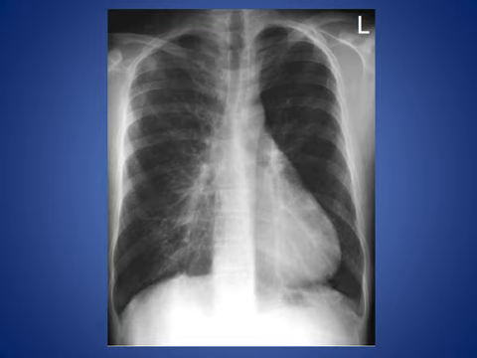As we see here, the right cardiac border is not seen, and also the heart is relatively shifted to the left side, and also the orientation of the ribs is vertical. And this is due to a depressed sternum.